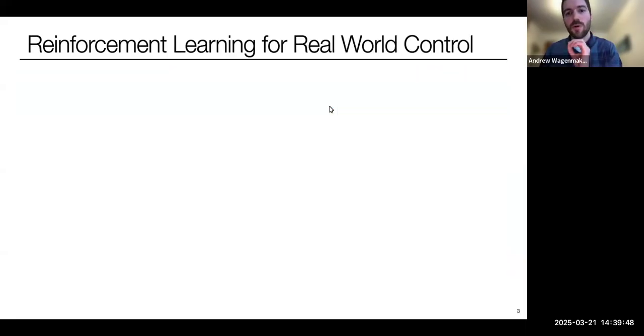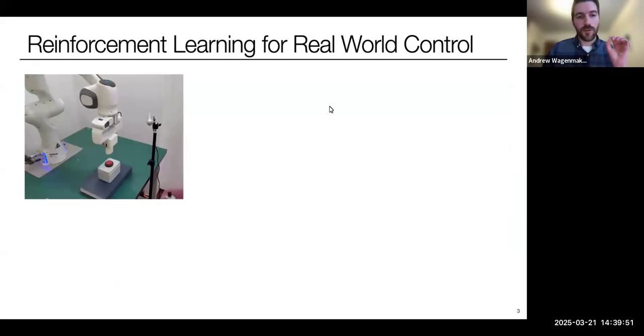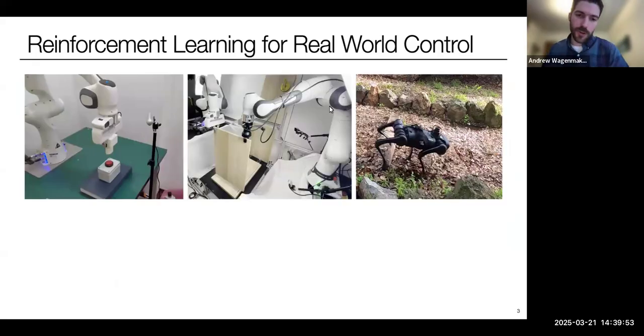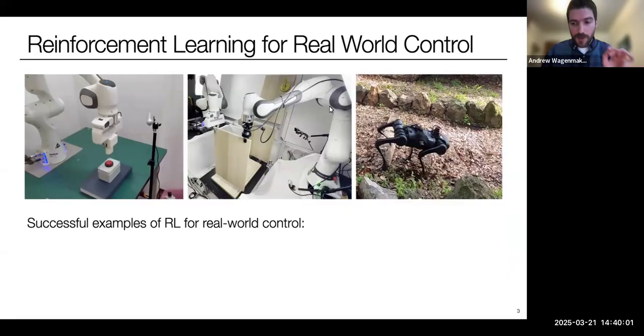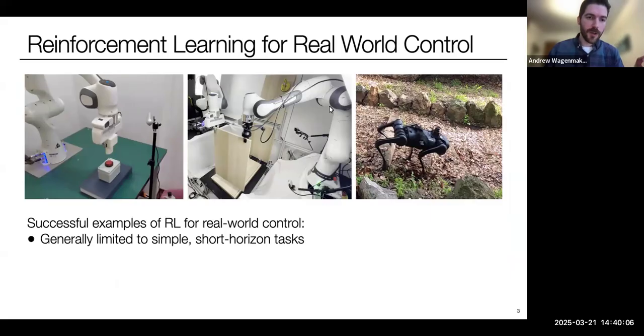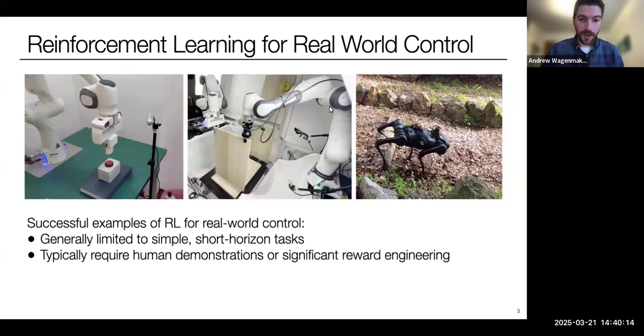In particular, I'm talking about real world control type settings, say various robotic manipulation or locomotion tasks. And while we have seen RL applied to these problems, and we actually have seen it applied successfully, the examples that we see of RL performing well in real-world settings typically either require a very constrained set of tasks, say limited, simple, short horizon tasks, or they require a lot of human engineering, whether that means reward engineering, designing reward functions that are easy to learn on, providing a lot of human demonstrations to bootstrap the RL process, or something else.